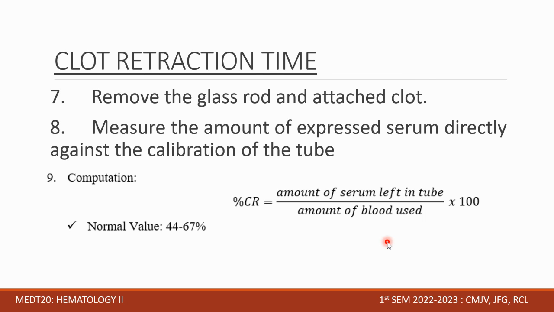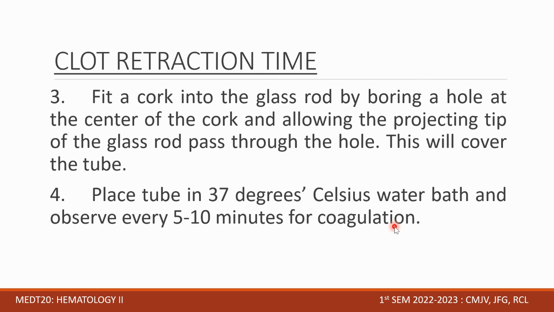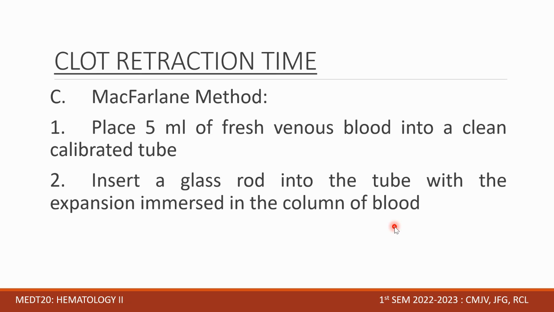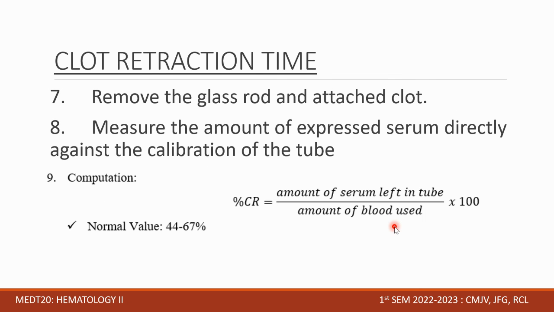Measure the amount of expressed serum directly against the calibration of the tube. So, we use a computation here: the amount of serum left in the tube and the amount of blood used. Remember you put in 5 ml of blood. Measure the amount of serum left in the tube.